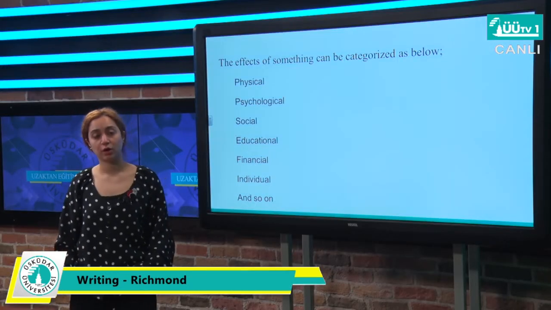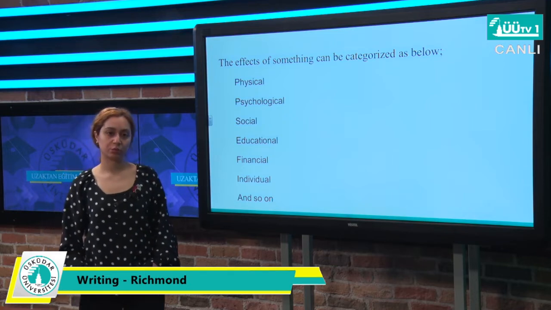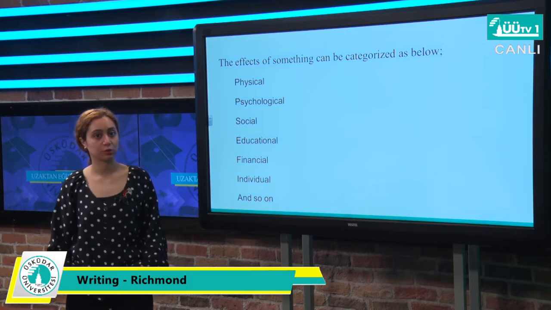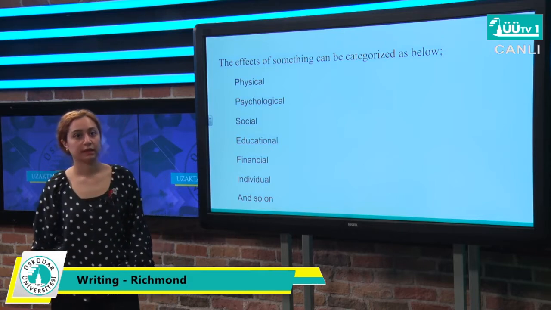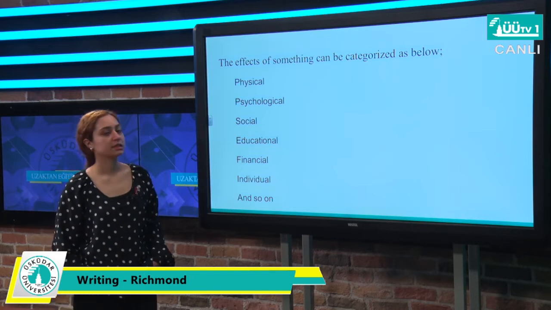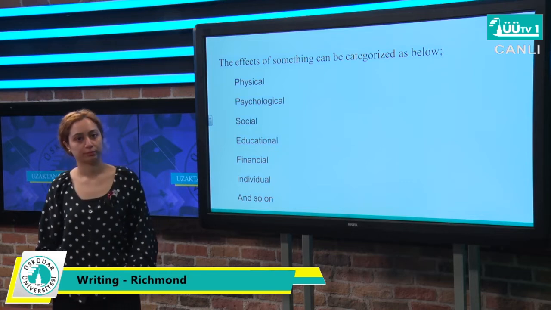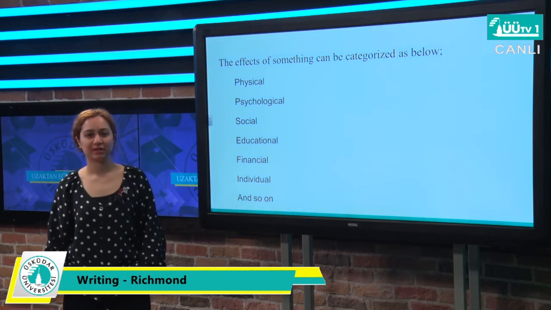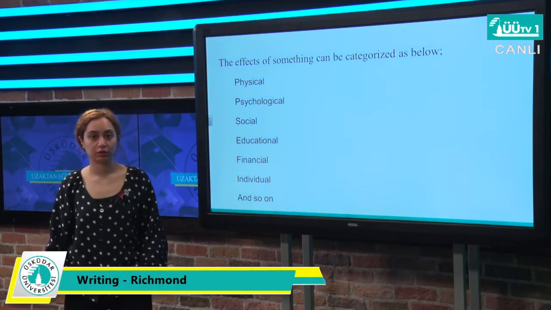We can categorize the effects of alcohol as physical effects. For example, it harms your lungs. It has very bad physical effects on your health. We can say psychological effects in long-term abusing alcohol, and social effects, again in long-term abuse of drinking, educational, maybe not for alcohol, financial for sure, individual for sure.